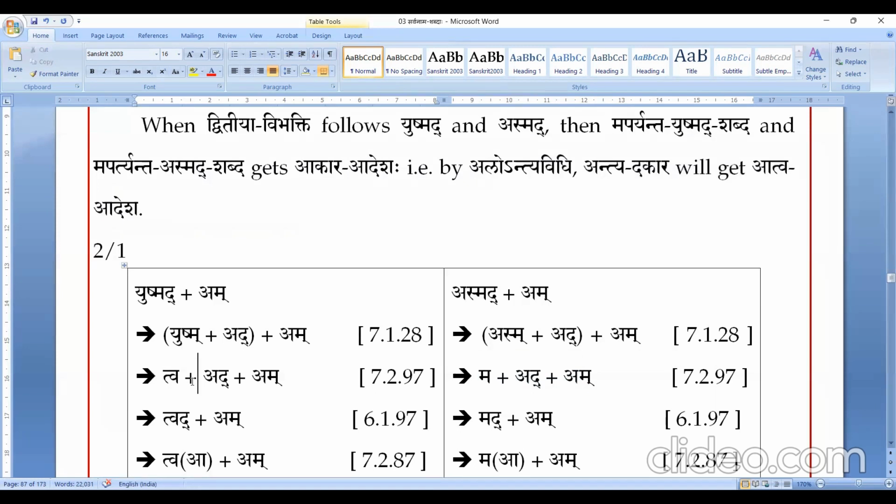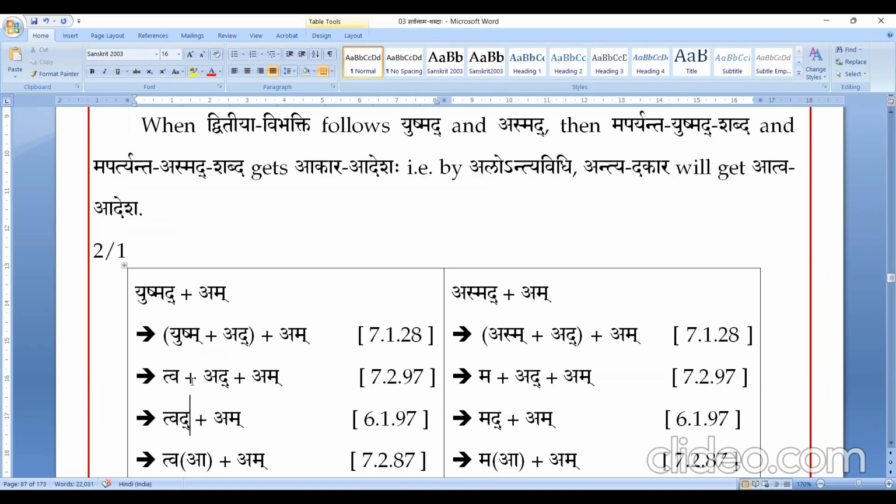Then we can apply dvitiyayascha anayoh at adesha bhavati. Therefore tva plus ad, just joining because nothing is going to happen. Ad is not going to vanish because akara adesha happens. When akara adesha happens, shesha lopa cannot be applied. So tva plus ad, ma plus ad, atogune you can join, tvad.